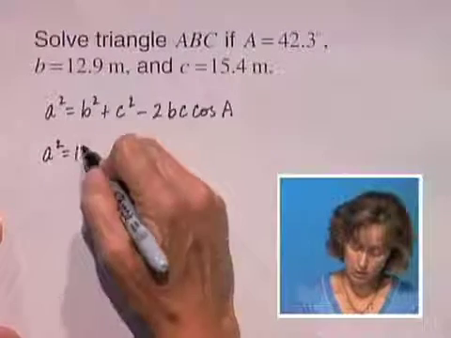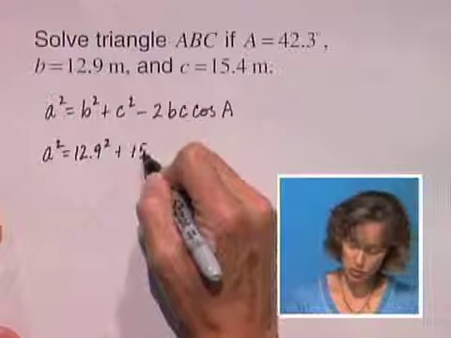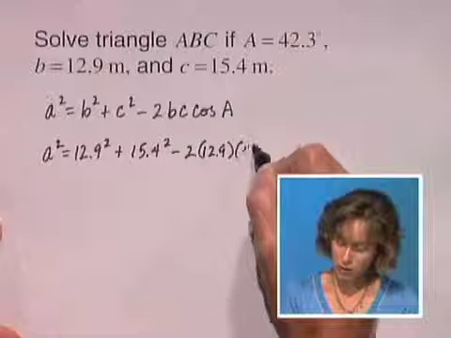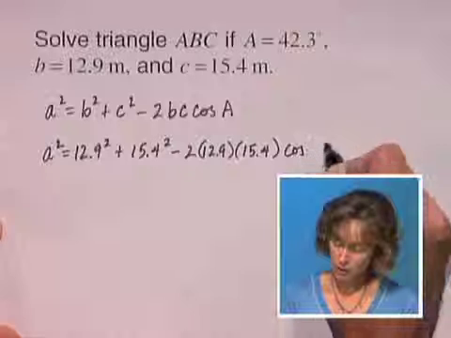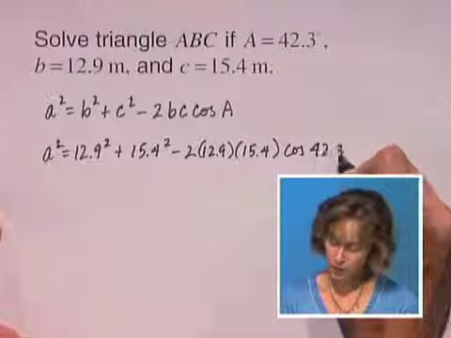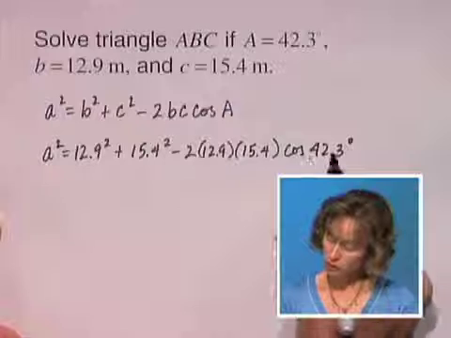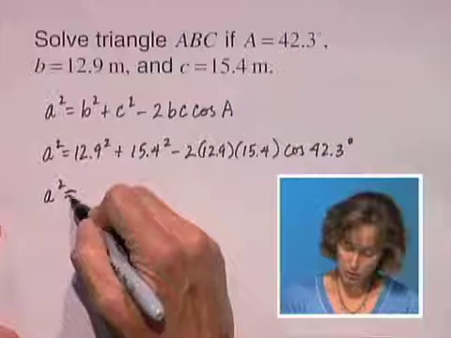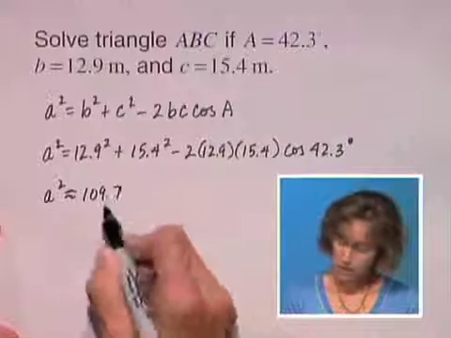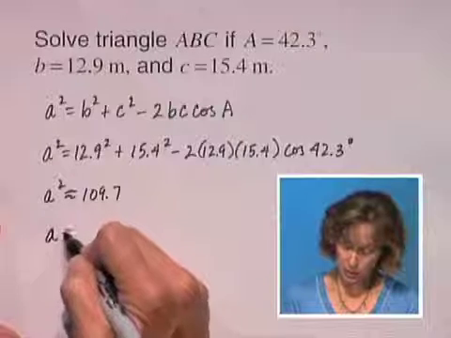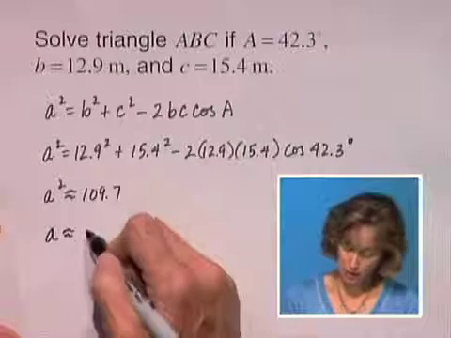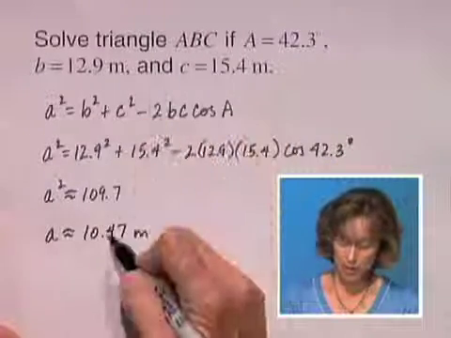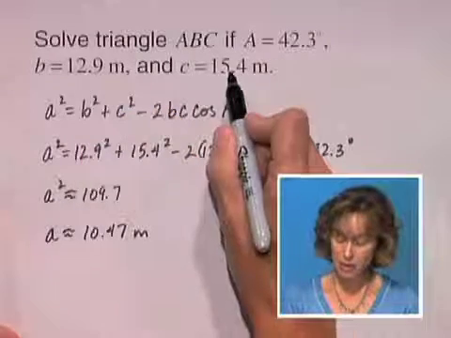A squared is 12.9 squared plus 15.4 squared minus 2 times 12.9 times 15.4 times the cosine of 42.3 degrees. I'll grab my calculator and crunch a number here. A squared then comes out to about 109.7. Take the square root of each side, and I find side A to be approximately 10.47 meters, matching units.